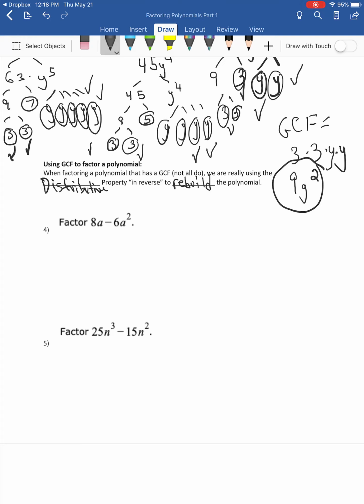First, we need to find the GCF of 8a and negative 6a squared. So let's find the GCF. Okay, so 8a is 8 times a, and a is a prime, 8 is 4 times 2, 2 is a prime, and then we get 2 2's from the 4. All right, so negative 6a squared.